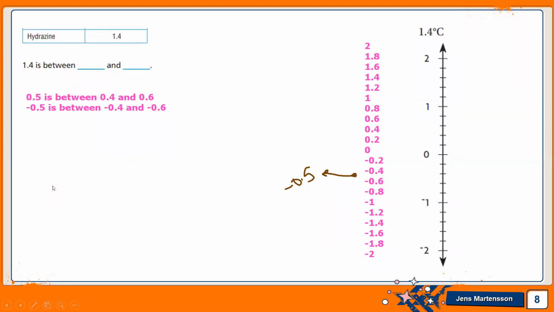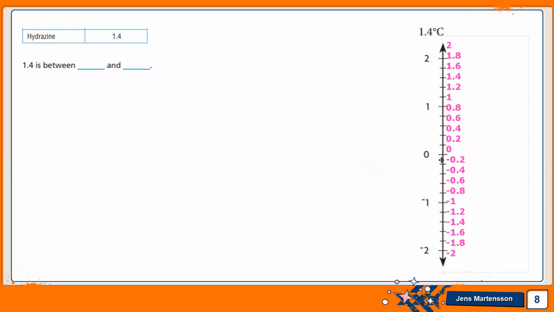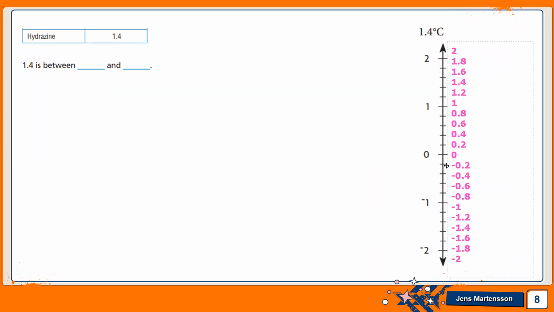Now the second one. 1.4. Between which two numbers?